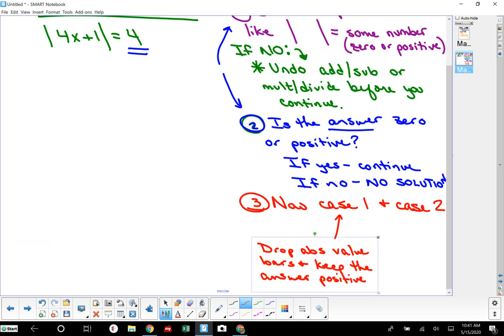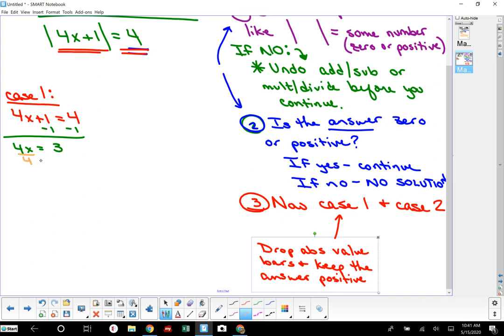So before we focus on case 2, here's what case 1 looks like. You drop your absolute value bars from up here, so just 4x plus 1, and keep your answer positive. We can go ahead and solve that. We take off a 1, 4x equals 3, divide by our coefficient, and x equals 3/4. So that's case 1.